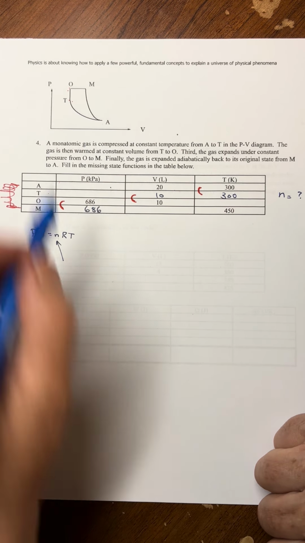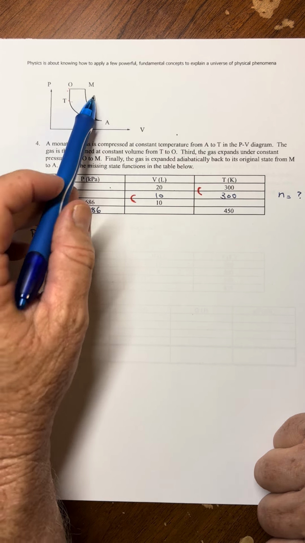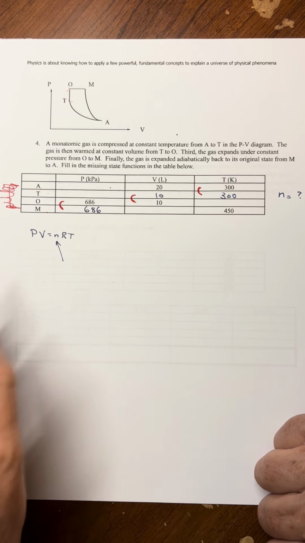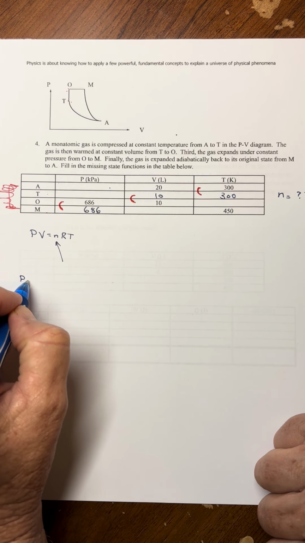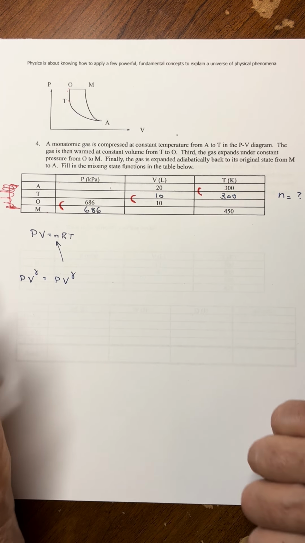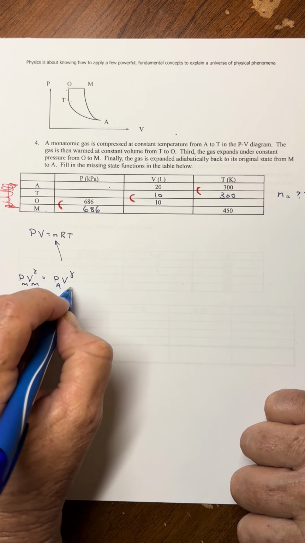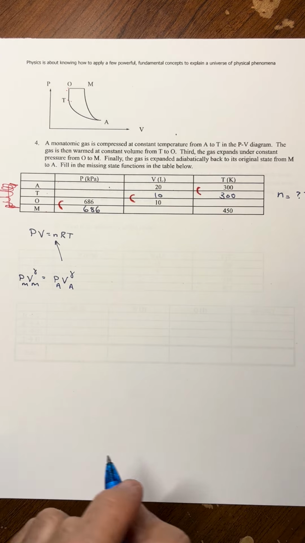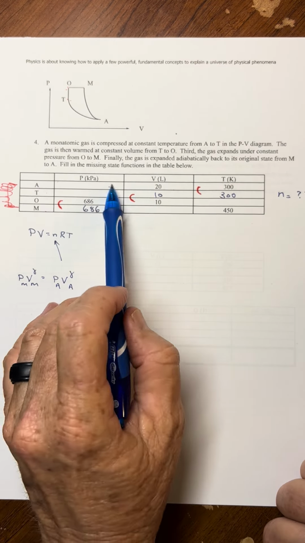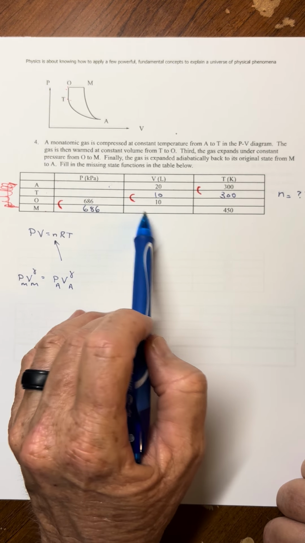Although, this is where that adiabatic has its advantages. Remember, the adiabatic does not have any of them unchanged, but it does have them locked together. For example, pressure times volume to the gamma equals pressure times volume to the gamma. And so if we put M and A here, this is saying if you know pressure and volume and pressure and volume, so if you know 3 of these 4, you can find the missing one.